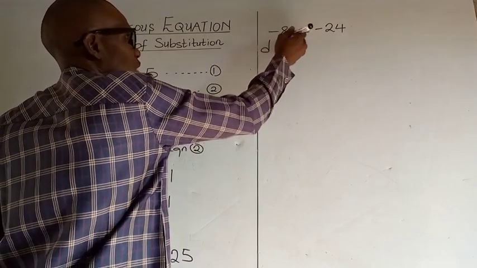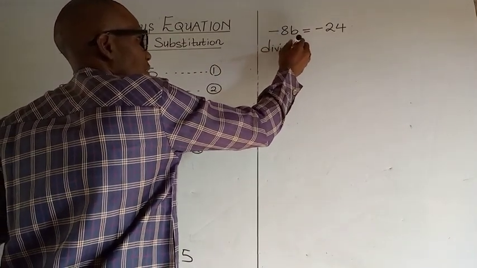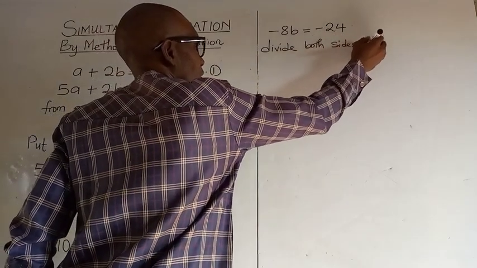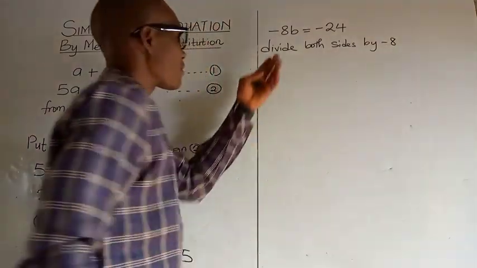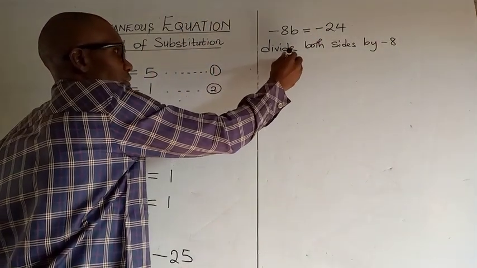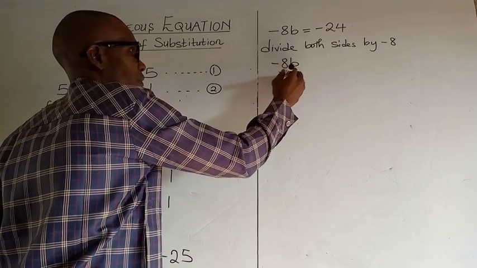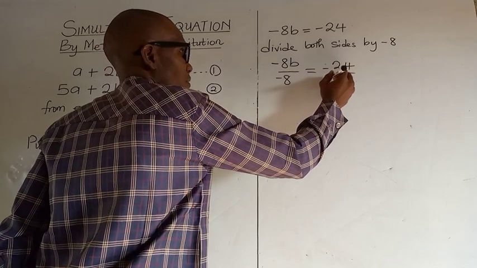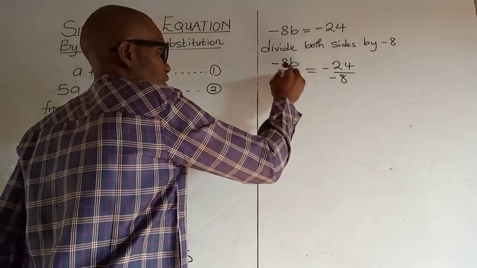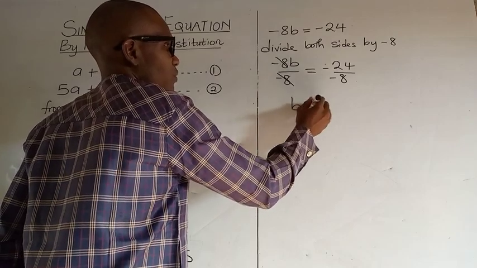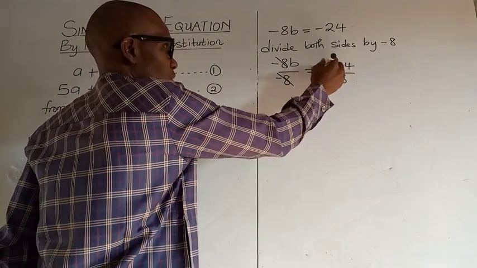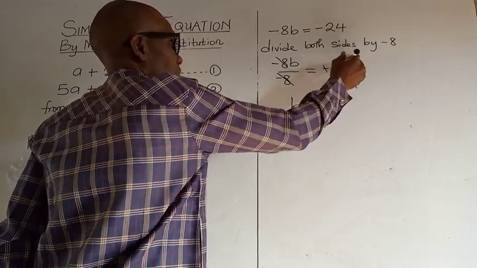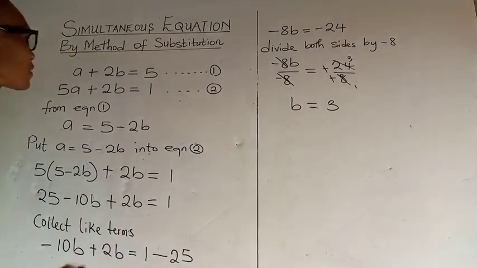So for b to remain, we divide both sides by minus 8. We have minus 8b over minus 8 equal to minus 24 over minus 8. So this will cancel this to leave us with b. Also, 8 here 1, 8 here 3. So our b is 3.